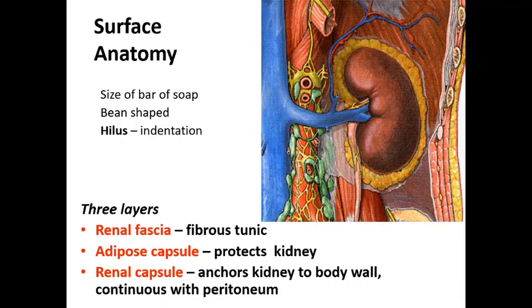Then after the adipose tissue, you have the renal capsule. The renal capsule is the membrane that is covering the outermost of the kidney structure itself. So the kidney itself is covered in a capsule, which is called the renal capsule. This renal capsule anchors the kidney to the body wall, and it's continuous with the peritoneum.